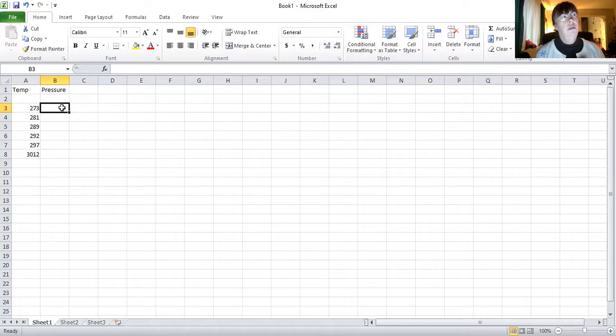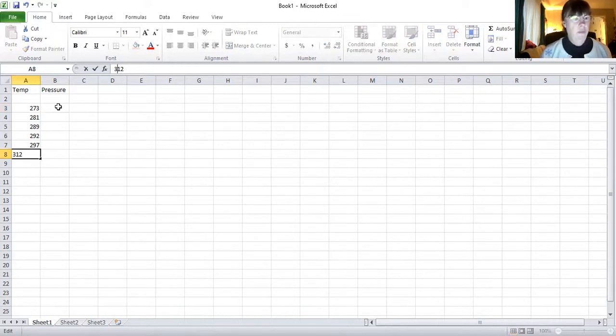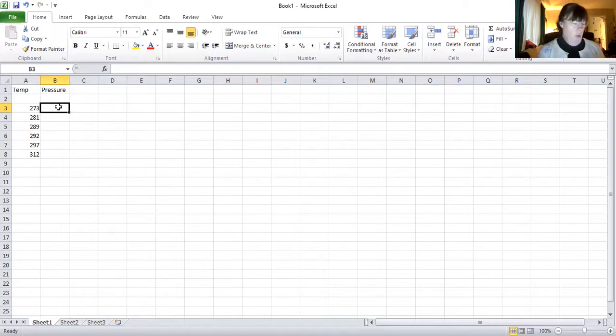Actually, yeah, Gay-Lussac's law, pressures and temperatures. Actually, I realized I put a 3,000 in there instead of just a 312. As you increase your temperature in a fixed volume, in this case 2 liters, your pressure will go up.